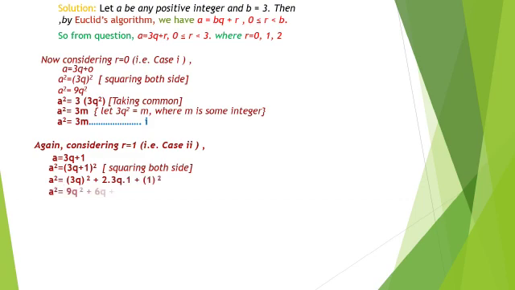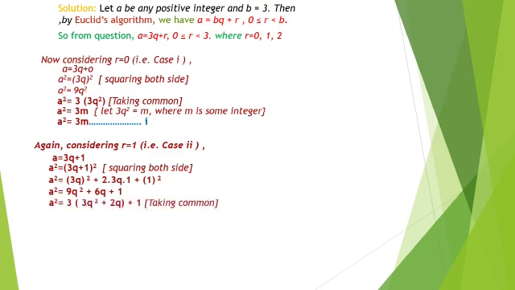In the next step we have used the formula: a square is equal to 3q whole square plus twice ab, meaning 3q dot 1, plus 1 square, and accordingly in the next step we have got 9q square plus 6q plus 1. Again we have to think about the common factor, because we have to make it match the question.